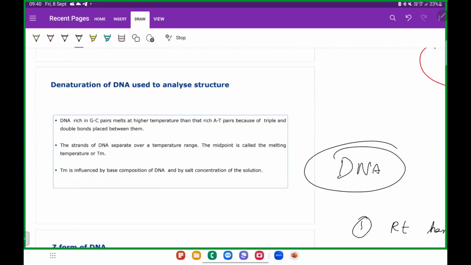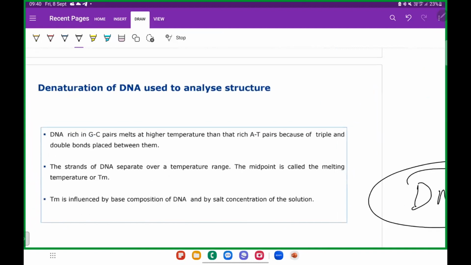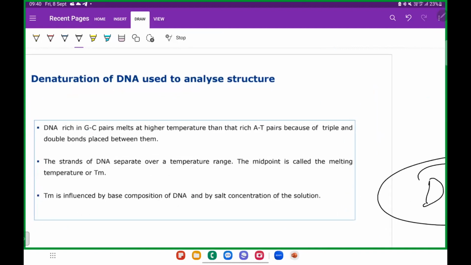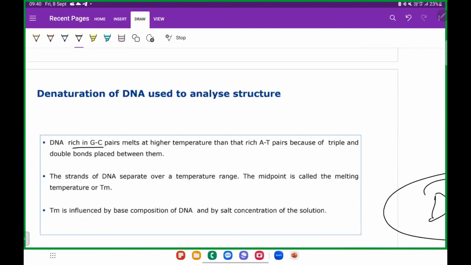And when we denature the DNA and analyze the structure, what we find after denaturation is that DNA rich in GC pairs melts at a higher temperature compared to AT pairs. Why? Because a triple bond and a double bond are placed over them respectively. The strands of DNA separate over a temperature range, and the midpoint is called the melting temperature.